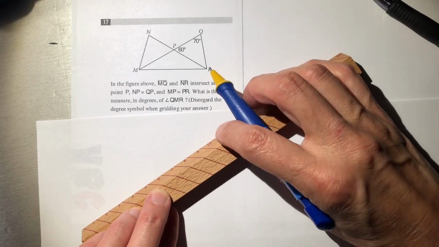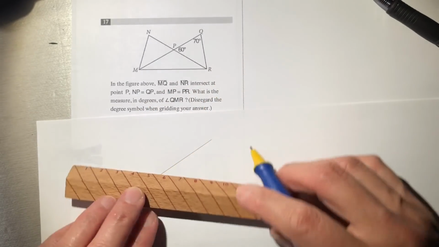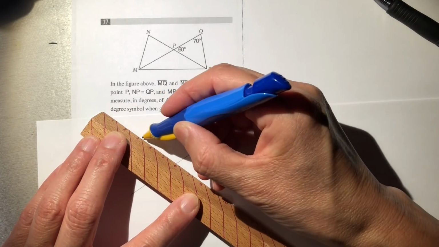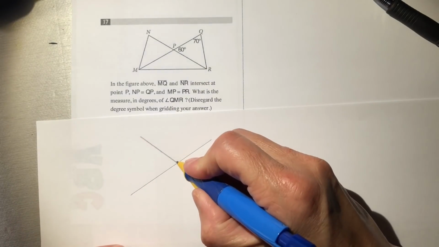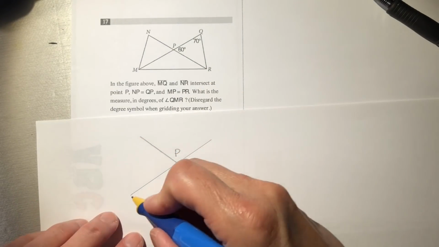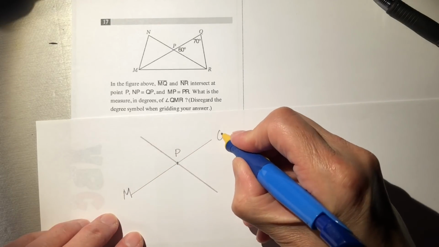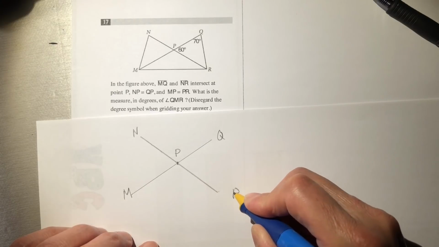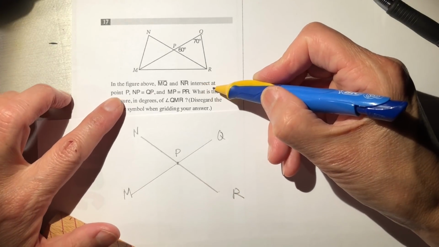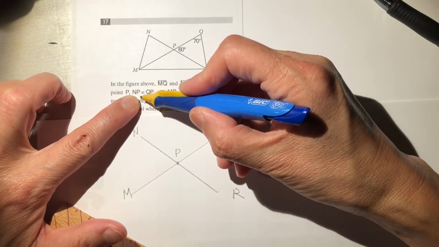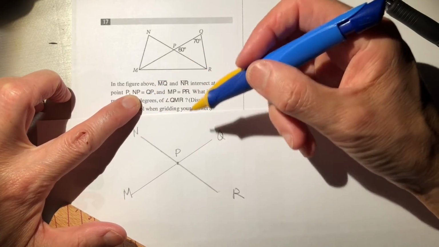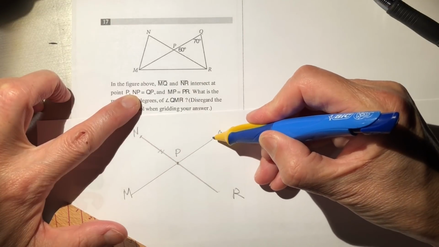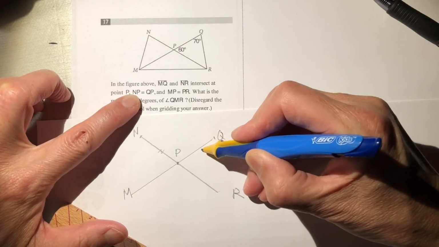Okay. MQ and NR intersect at P. NP equals QP.